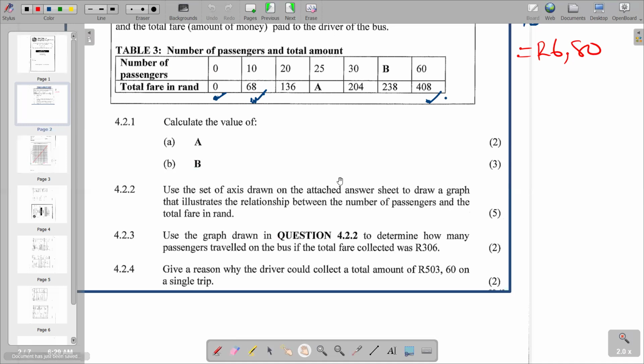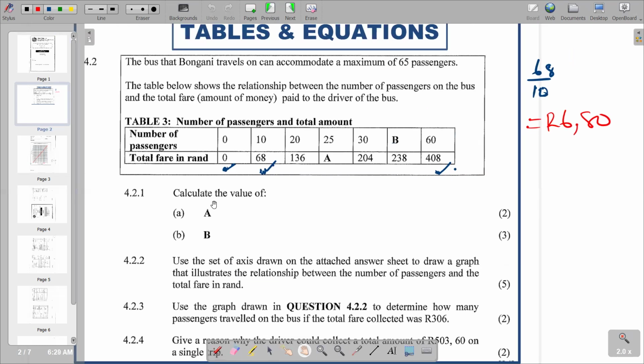So basically, we see that there are drop-offs, and then we've got others getting on the bus. So it becomes possible that the total fare in rand is more than what was supposed to be collected with the maximum passengers that can be on that bus. So basically, this is what we have.